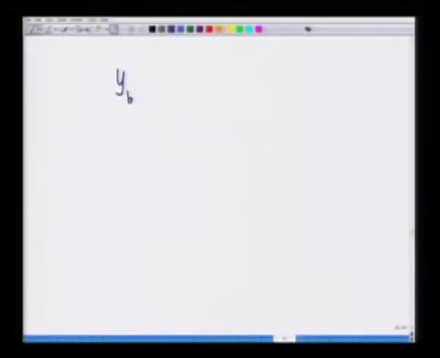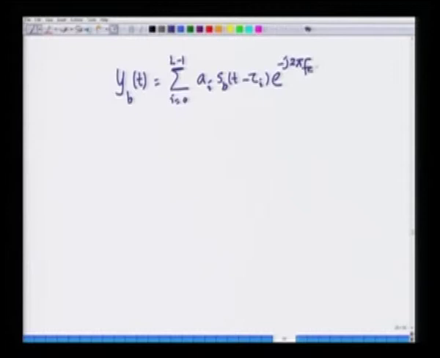So, let me describe this in a little bit more detail. Let me write this here again, that is, the received complex baseband signal y_b(t) can be simply given as the sum over i equals 0 of A_i s_b(t minus tau_i) e^(minus j 2 pi f_c tau_i). A_i is the attenuation, tau_i is the delay of the ith path.